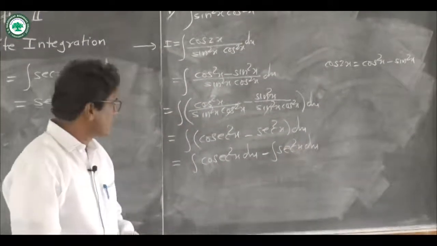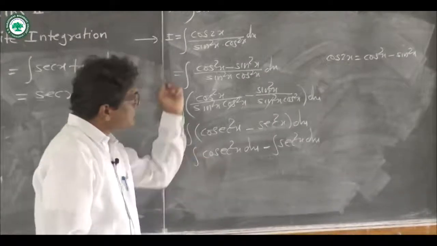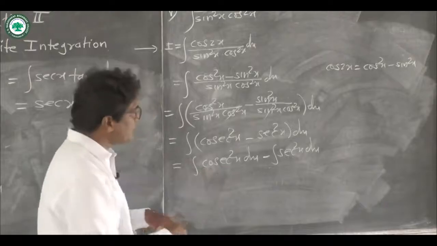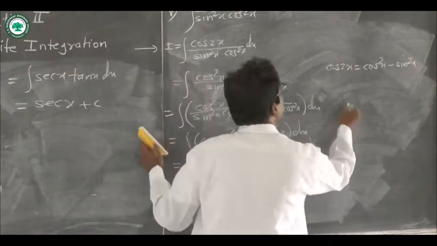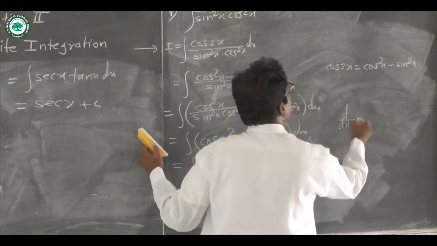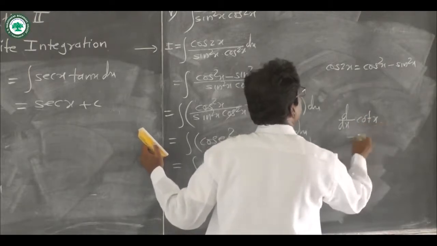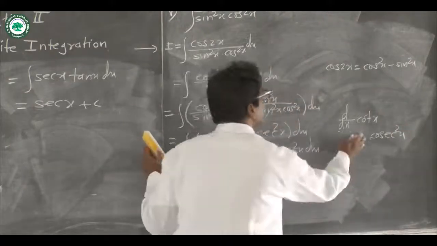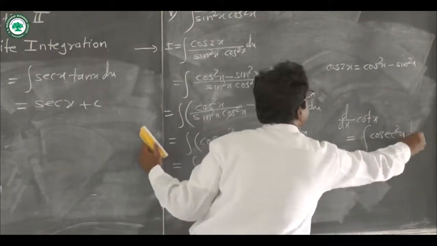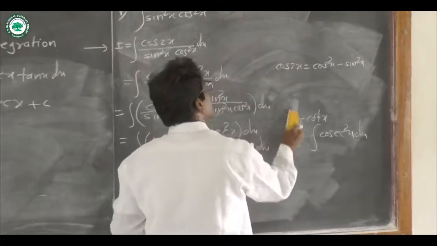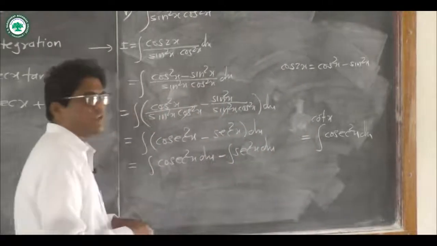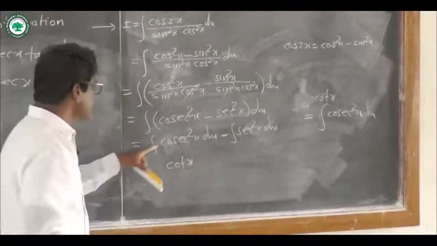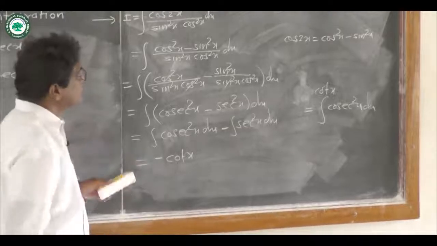Now here we find the function whose derivative is cosec square x, the derivative of cot x. Now tell me what is the derivative of cot x? d by dx of cot x is equal to minus cosec square x. So integration of cosec square x dx is equal to cot x, but the answer starts with minus, so take the minus sign.